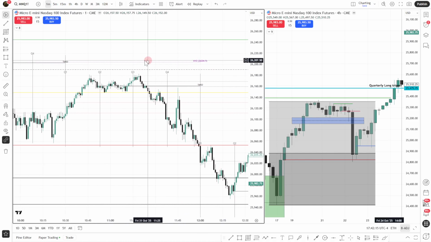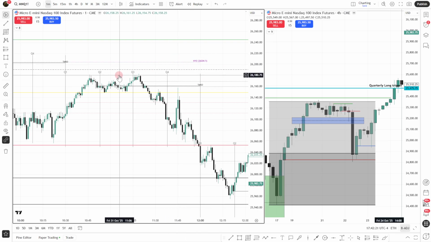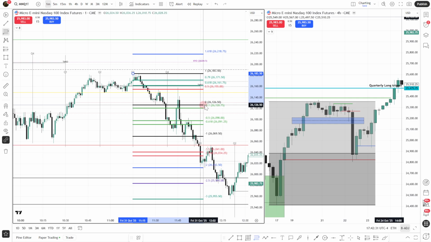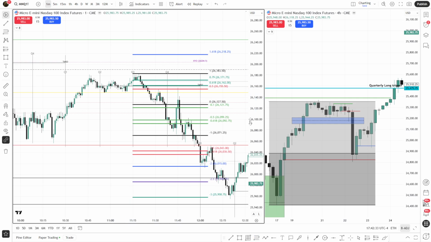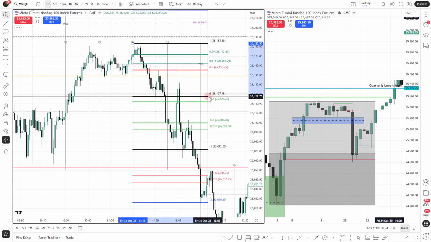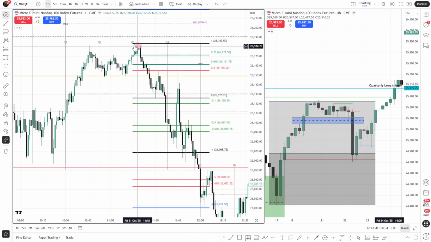So if I miss entries, and let's say I'm just looking for entries in discount or in premium because I want to catch this, and this happens, as I see up close candles and big candles, this looks good for me for a protected high until price finishes its objective.